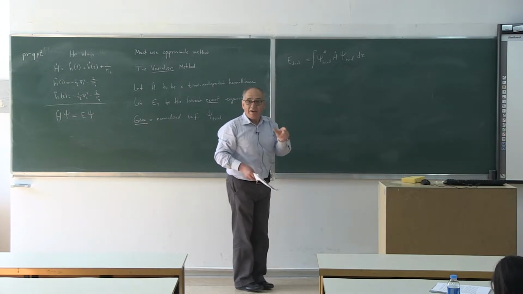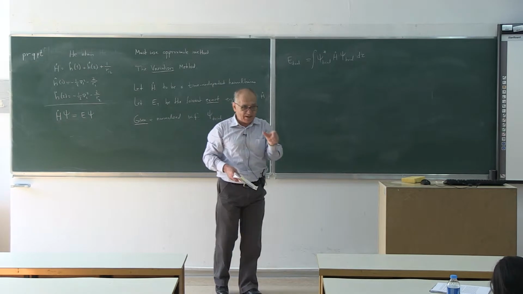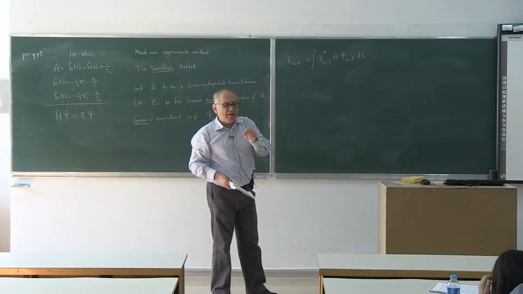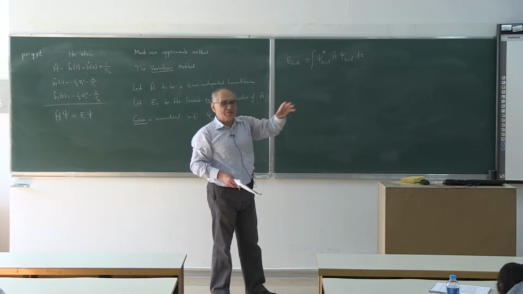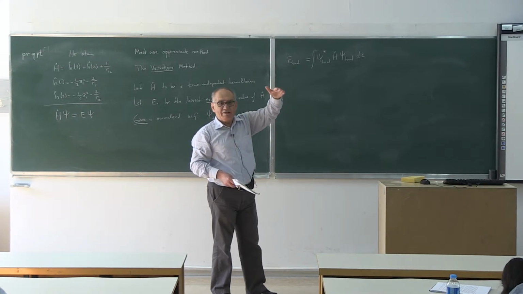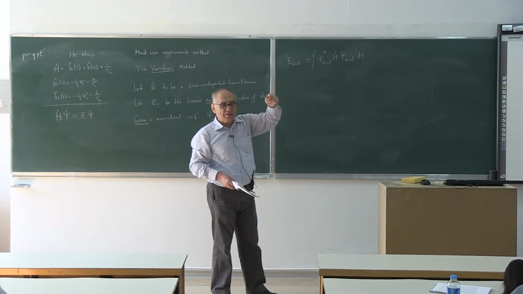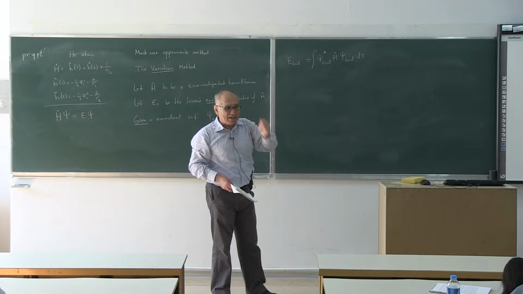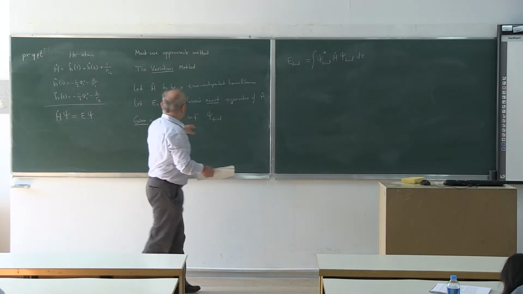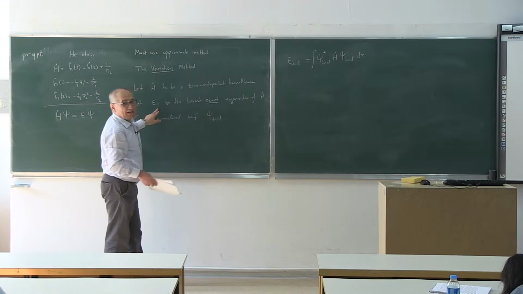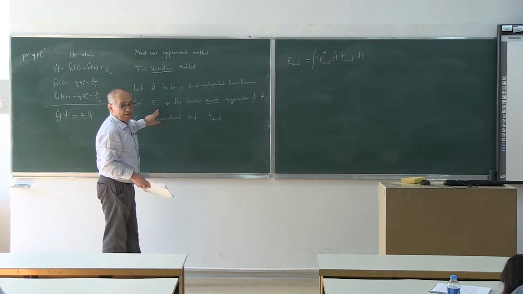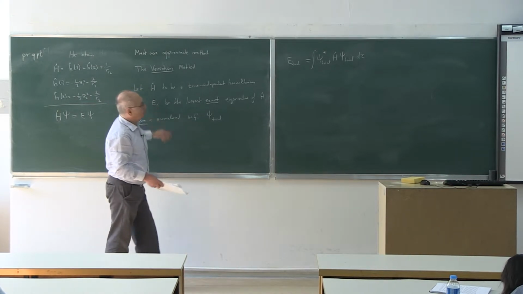Now, the variation principle states that all of these infinitely many E trial values are necessarily larger than the lowest exact energy of the system.